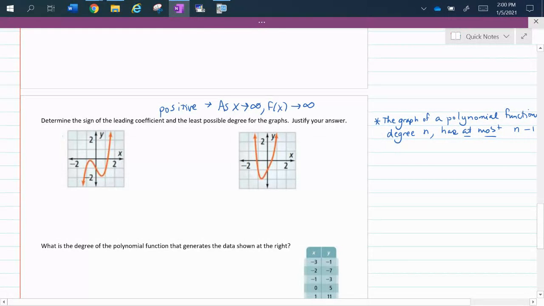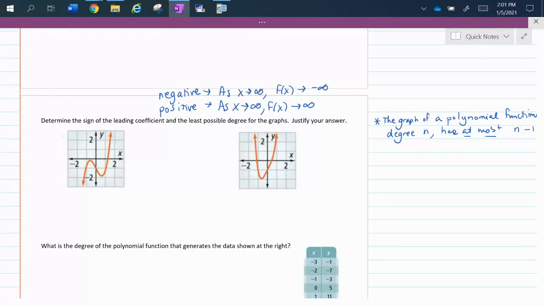So as we go to the right forever, the graph will be going up. And if the leading coefficient is negative, then as x approaches infinity, f of x will be approaching negative infinity. Which means that as we go forever to the right, the graph will be going down.